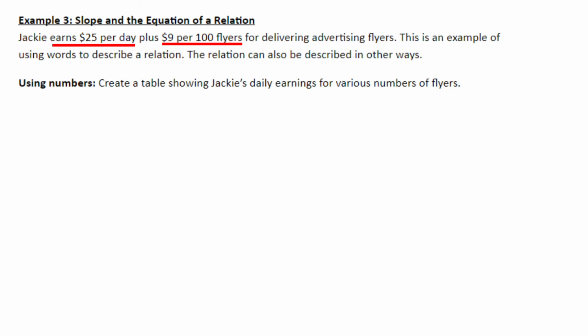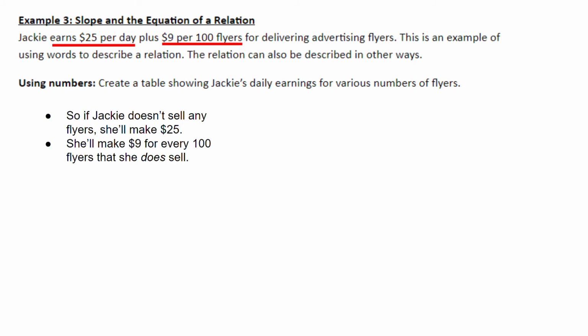So, using numbers, we want to create a table showing Jackie's daily earnings for various numbers of flyers. So, let's think of this. If Jackie doesn't sell any flyers, she'll make $25 because she earns $25 per day. Now, the flyers that she does sell are added onto her original salary of $25 a day.